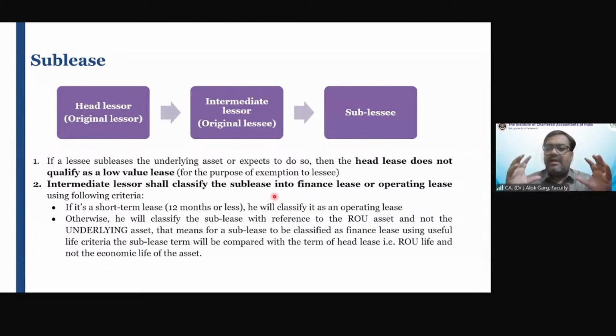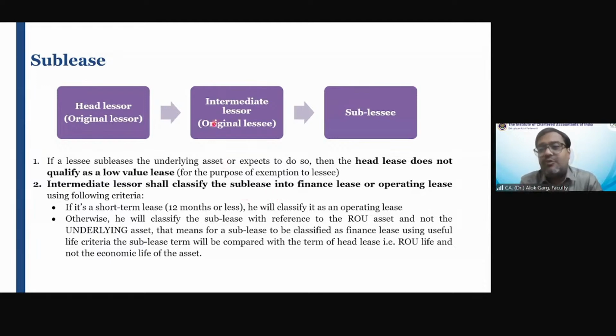The lease contract between Alok and Niranjan is considered the head lease. And the lease contract between Niranjan and Vinay is considered the sublease. So there are 2 different lease contracts. Now, if I talk about the head lease, Alok is the original lessor. I am the one who has given the car to Niranjan on a lease basis.